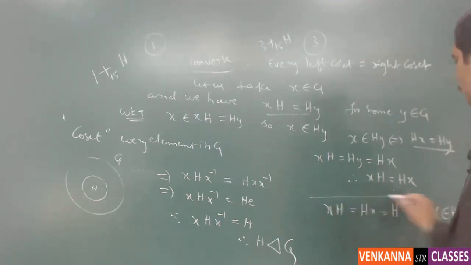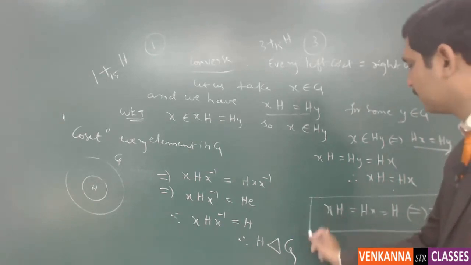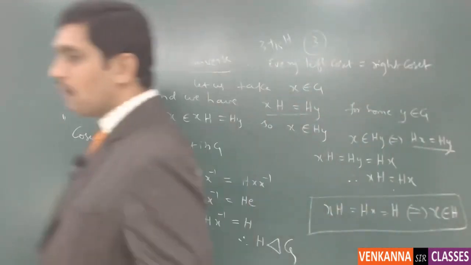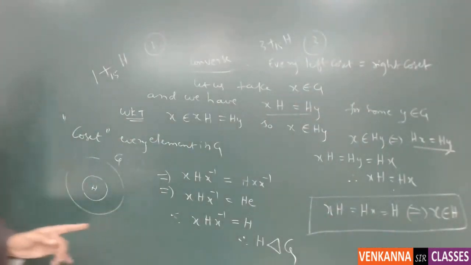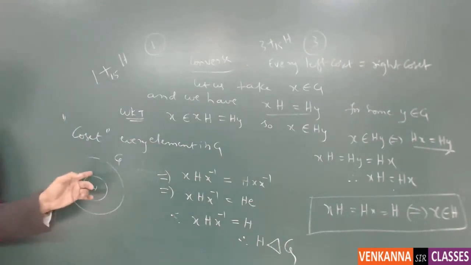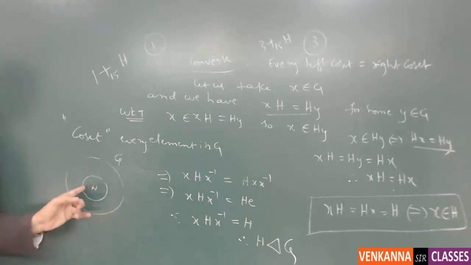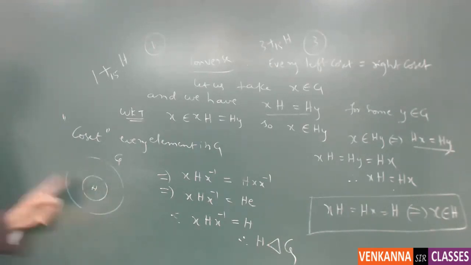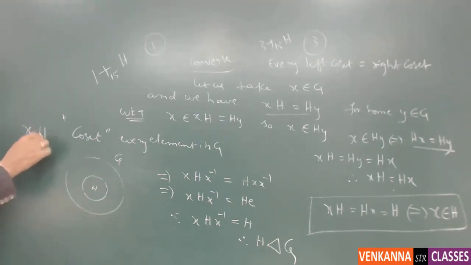This kind of result we have studied in the previous class. So it means that while forming the cosets, if the element which we have taken in G is also a member of H, in that situation there is no distinction between the coset and the subgroup. Both are equal.